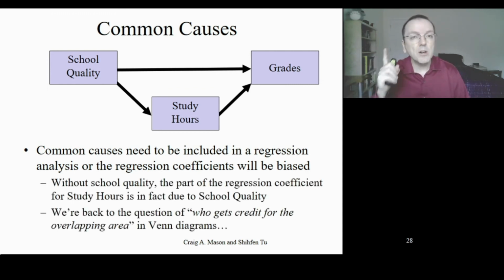If we don't include school quality in the model, the regression coefficient for study hours will also include some of the effect of school quality. As a result, it will be biased and not give us the true value. In essence, this takes us back to the question of who gets the credit for the overlapping variance in Venn diagrams.